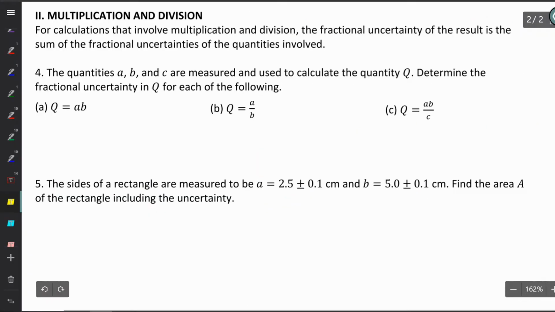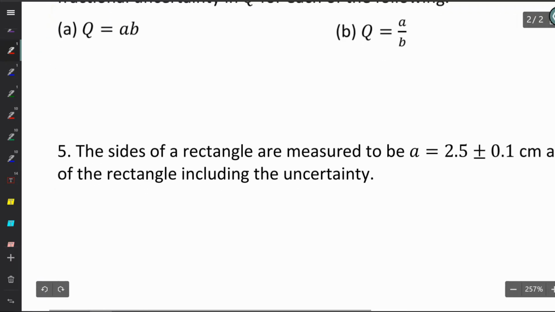So what about multiplication and division? Well, when you're calculating quantities that involve multiplication and division, the fractional uncertainty of your calculated quantity or your result is the sum of the fractional uncertainty of the quantities involved. So what does this look like? Well, if we have a quantity Q equals AB, then this is what we know.